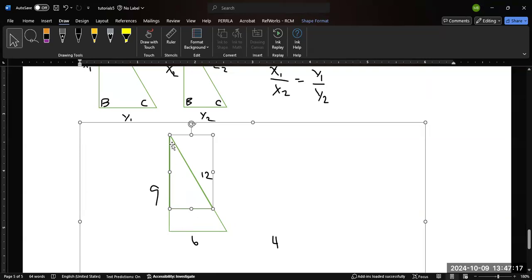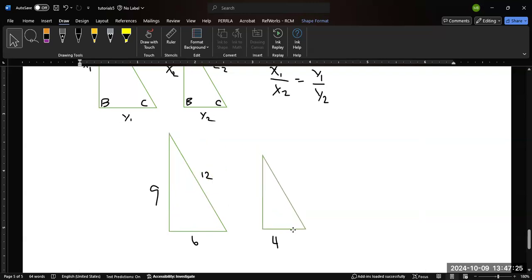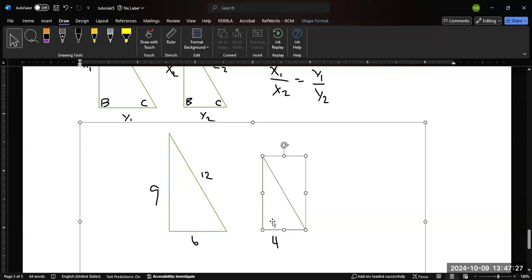This angle is identical, which means that this angle and this angle are identical from other properties of geometry. But you can always take the two triangles apart and separate them so that you can think of them as completely different triangles and not work with them on top of each other.